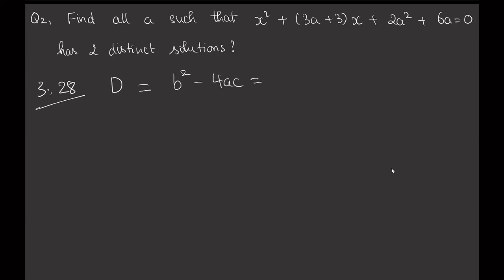Here b is the number in front of x, so it would be 3a plus 3. I square it minus 4. A here is 1, right? Because 1 minus x squared equals x squared. And then c is 2a squared plus 6a.